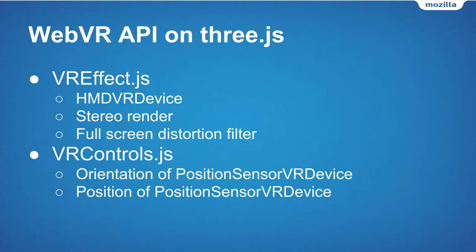And the other is VRControls. With this API, we can get the orientation and the position from the position sensor of the VR device. Right now, just in Oculus mode, we can get a position from the position tracker. On Cardboard, we have no idea right now.